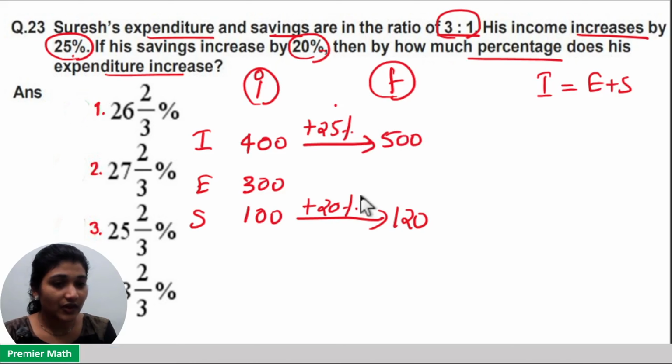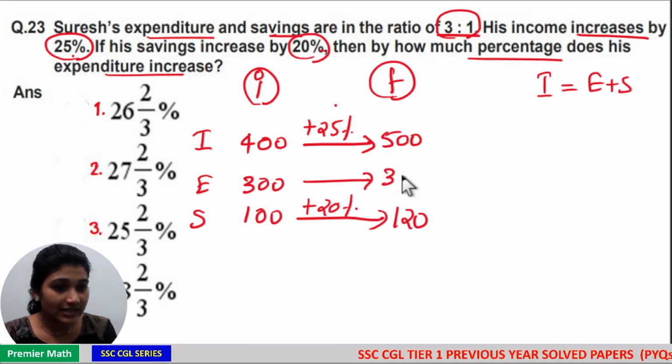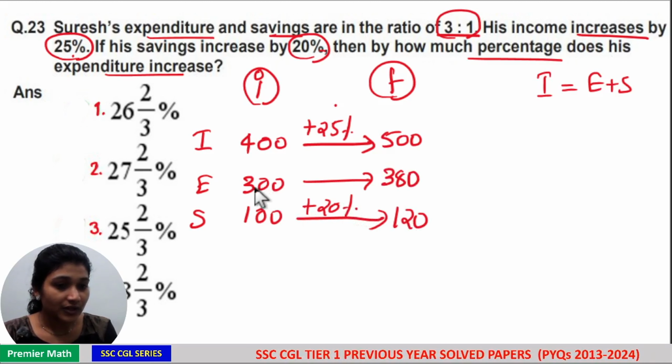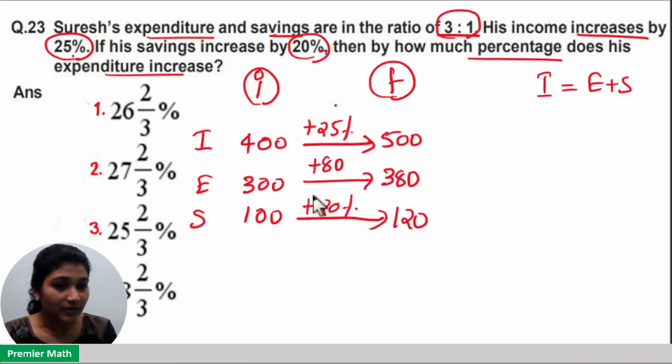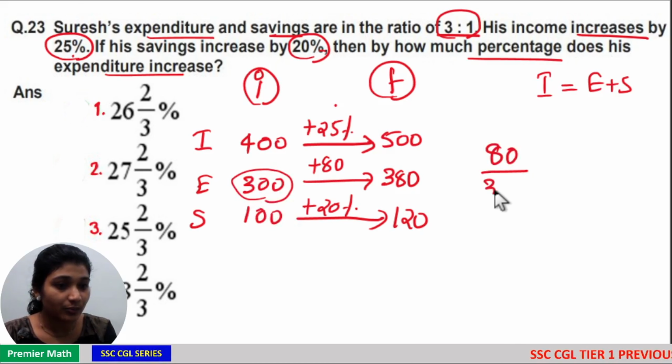Final income is 500 and final savings is 120, which means his final expenditure is 500 minus 120, that is 380 rupees. So here 300 increases to 380 rupees, which means the increment is 80 rupees out of the initial 300 rupees.